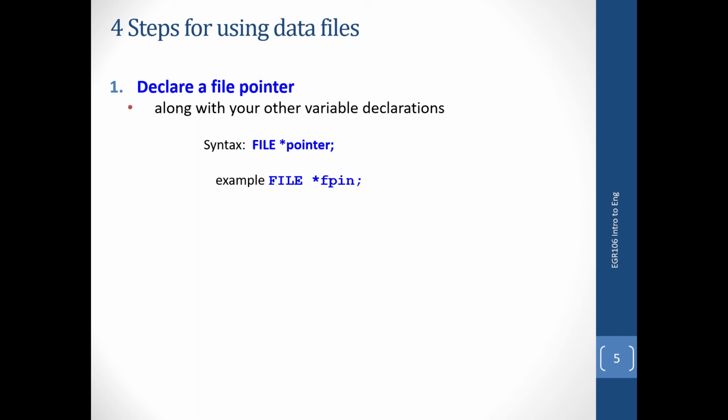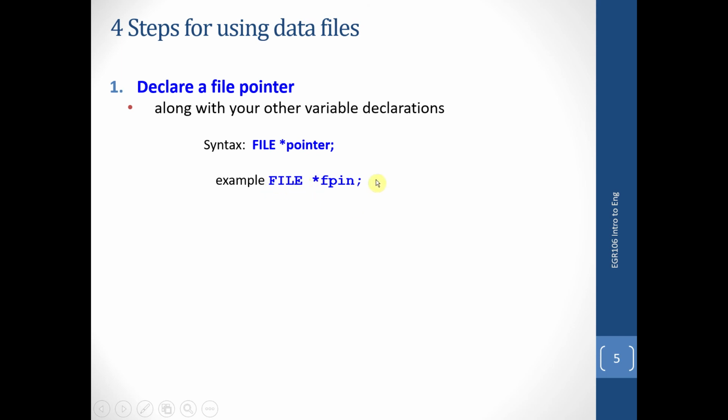So let's talk about step 1. We're talking about declaring a file pointer here. So the syntax, this is just the definition. We have the word FILE in all caps and then our pointer. An example of this, we always write this FILE in all caps. This is the structure syntax. I'm not going to go into more details on that. Just know that you have to write the word FILE in all caps.